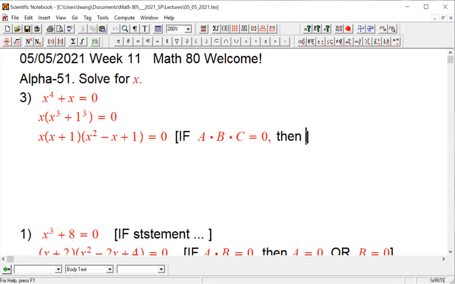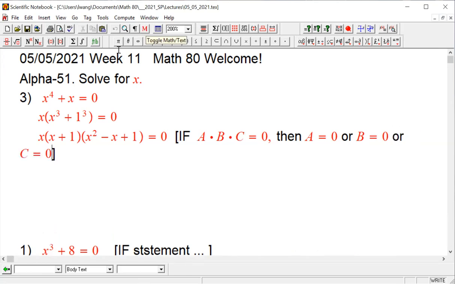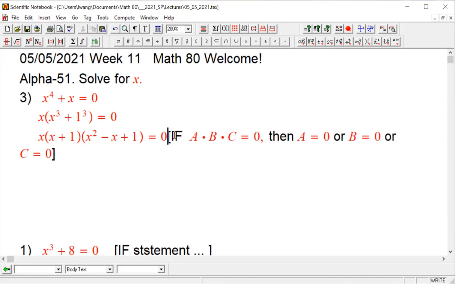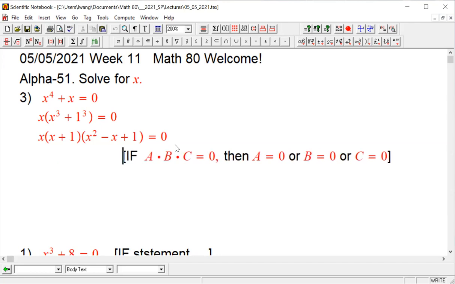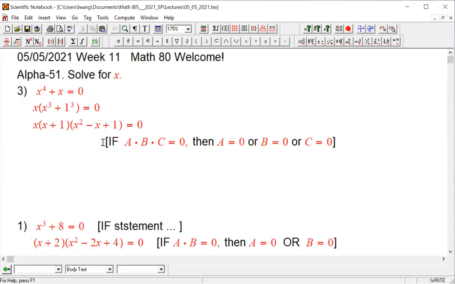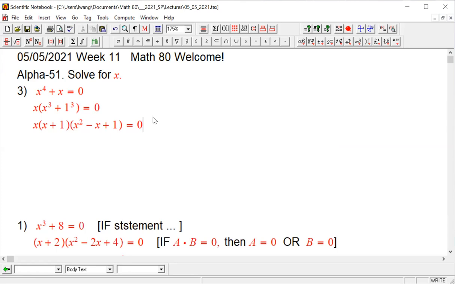It will be A equals 0 or B equals to 0 or C equals to 0, right? So that's the scenario. Okay, so let me maybe make the font just a little bit smaller, so that way we could have that fitting into that line.